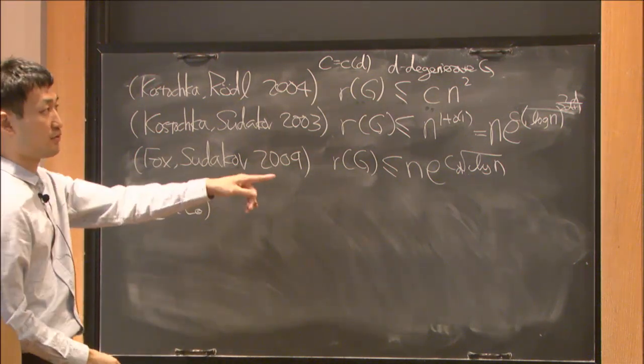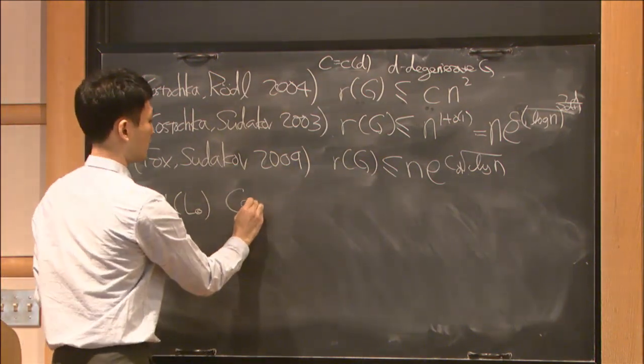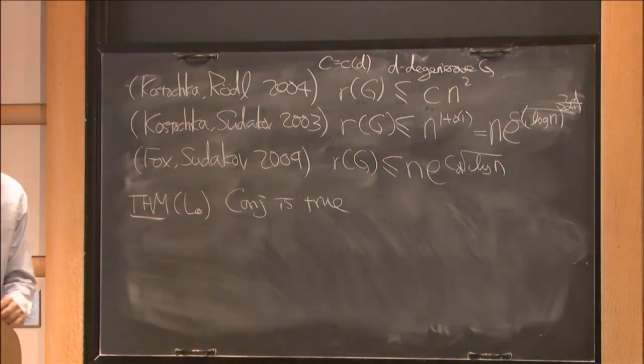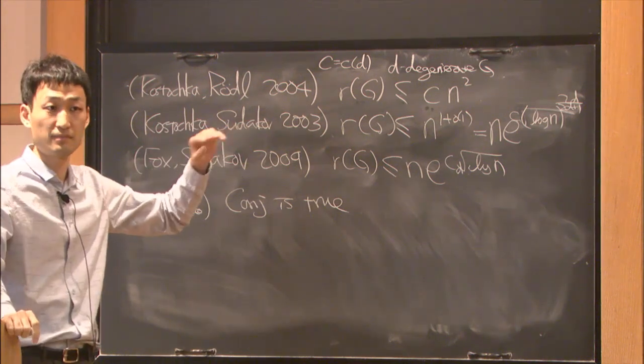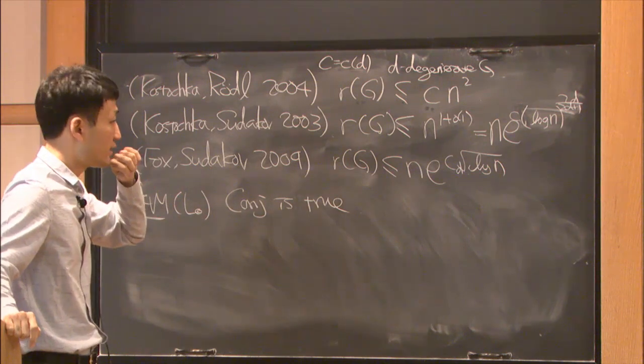And so I would like to today report my progress. I was able to prove the conjecture of Burr and Erdős, building on these results. So the conjecture is true. I really wanted to mention all these historical things because I build on all this work.